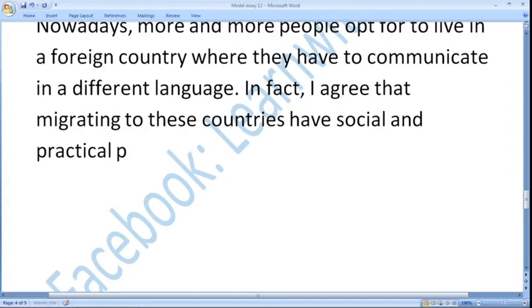Instead of problems, impacts. You can say negative impacts. Impacts are used in a negative sense. In fact, I agree that migrating to these countries has social and practical impacts. Now my introduction is complete.